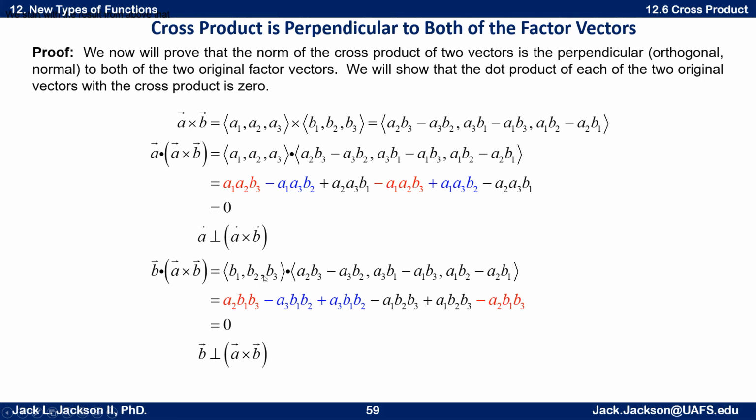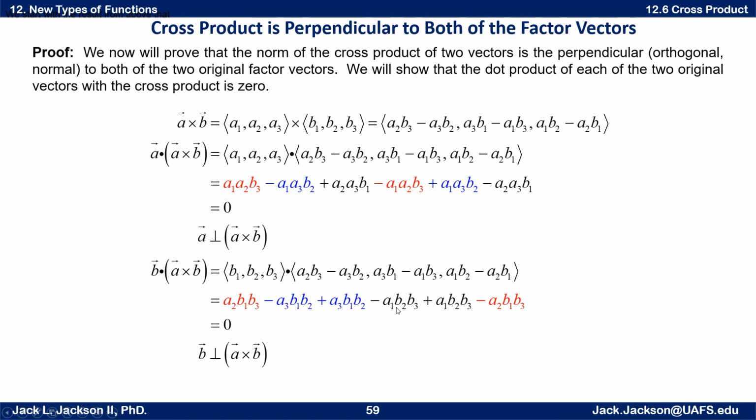Here's (B1, B2, B3) dotted with this cross product. So B1 times this distributes, so it's A2 B1 B3 minus A3 B1 B2. Then plus, you do the B2 times this one, A3 B1 B2, let's do it that order, minus A1 B2 B3.